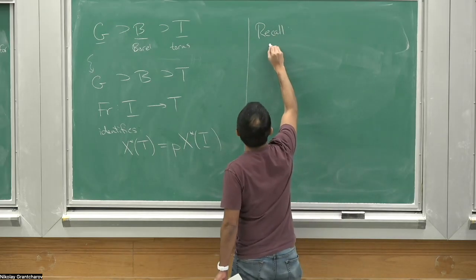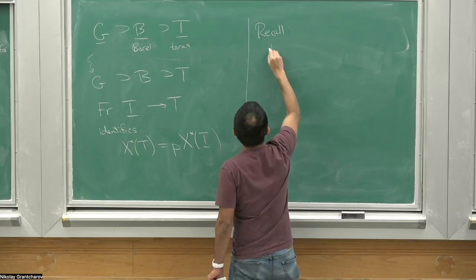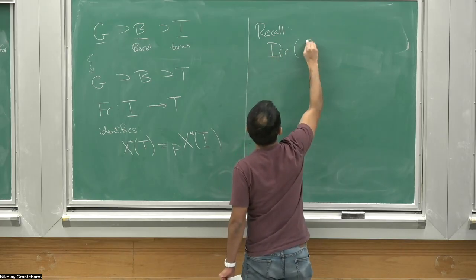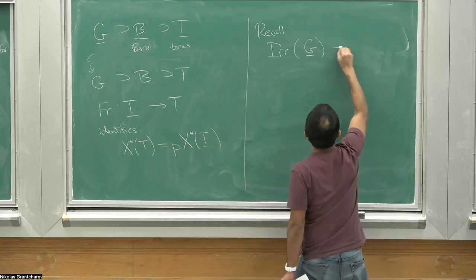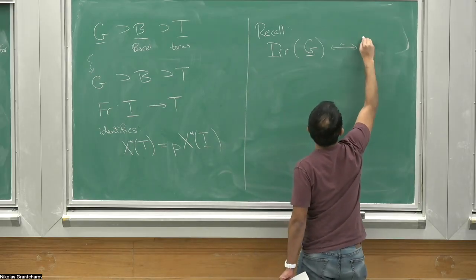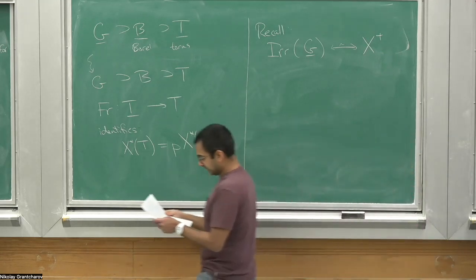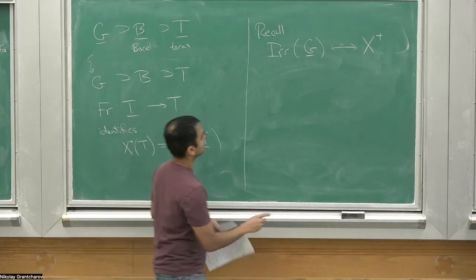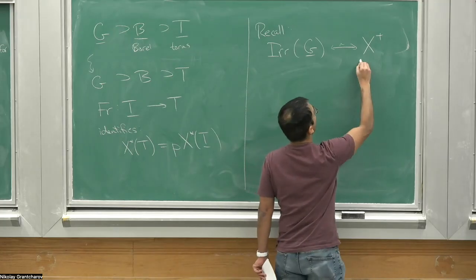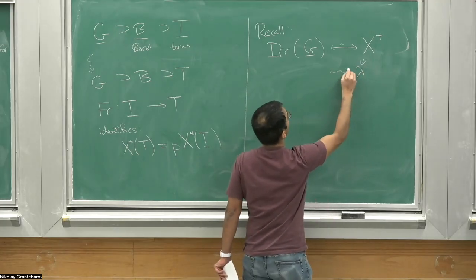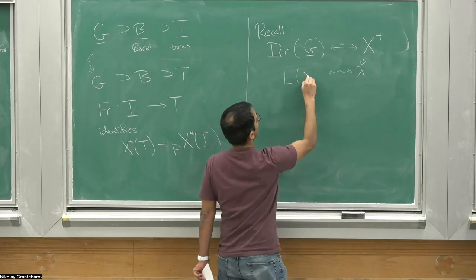Let me remind you that the irreducible representations of G underline are, of course, in bijection with dominant weights. If I take a weight in here, I'm going to call the corresponding thing L of lambda.